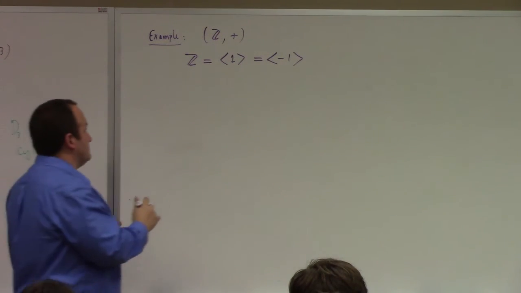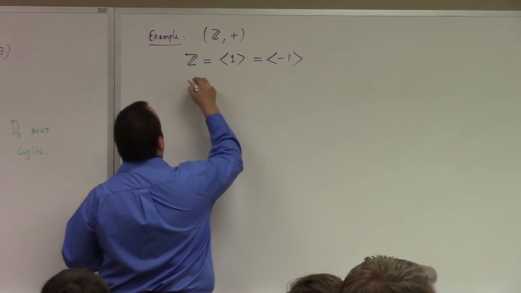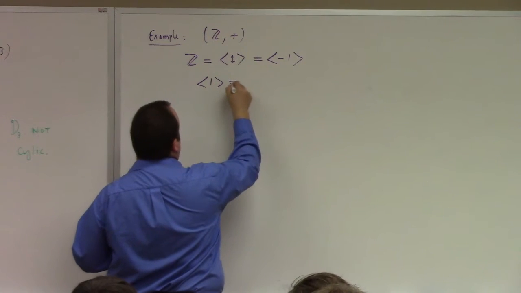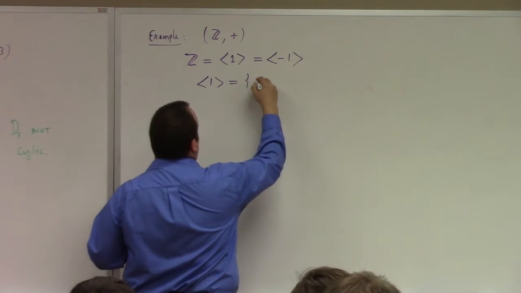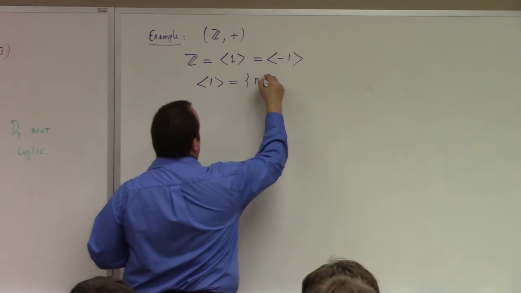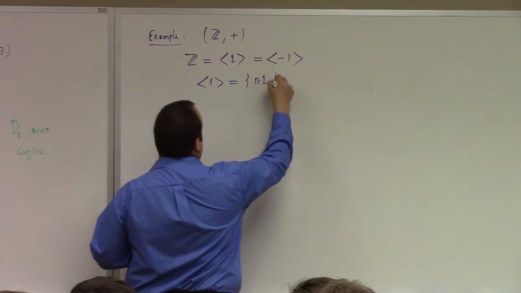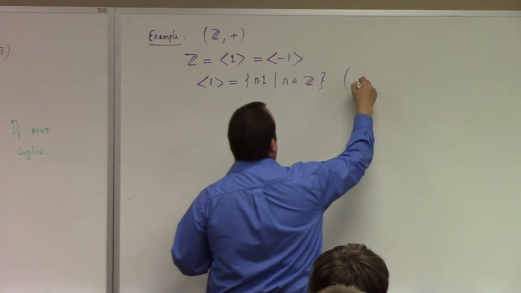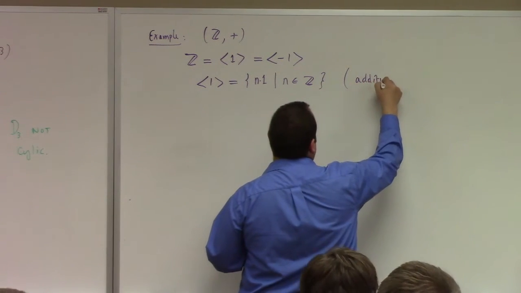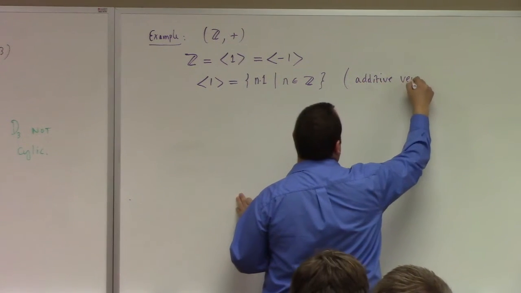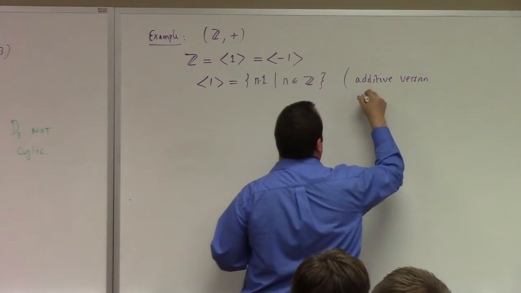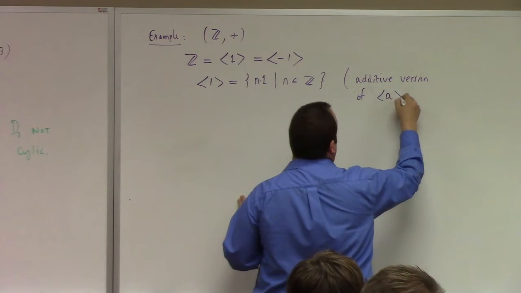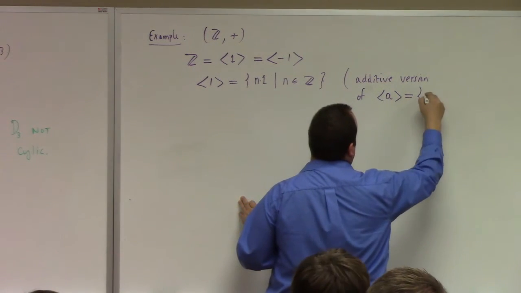Because if you look at the subgroup generated by 1, what is this? Well, this is n times 1, such that n is an integer. This is the additive version of it, so if we have additive, then what this means is na.